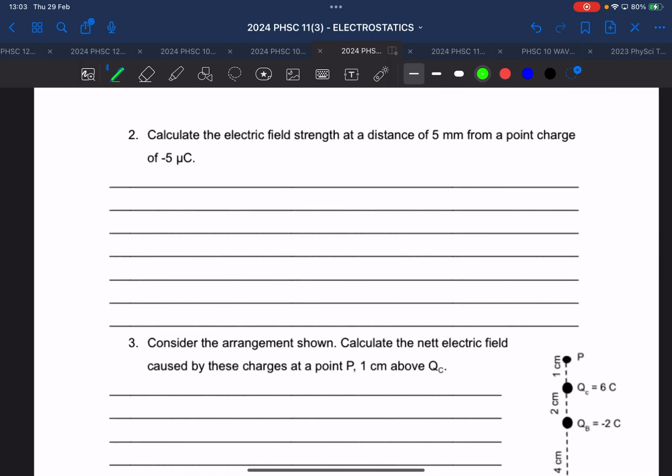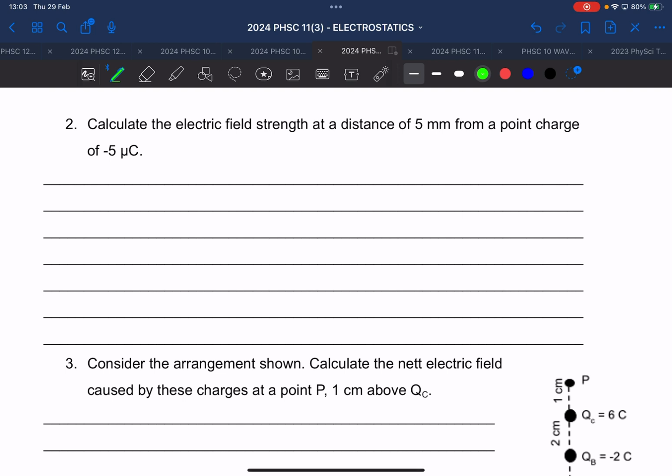It says, calculate the electric field strength at a distance 5 millimeters from a point charge of that. Give me something I can put in my info table. 5 millimeters. What do they give us there? What's the symbol for distance?